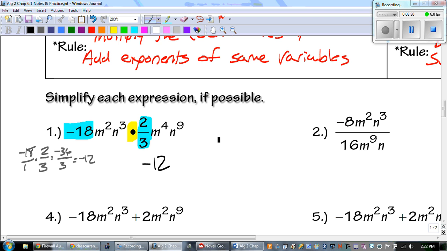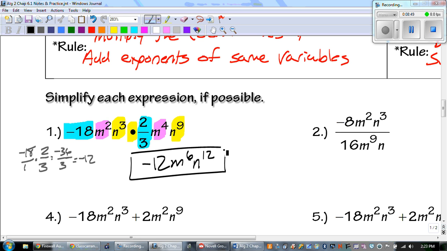And now I'm not done, because now I need to add exponents of the same variables. So m squared and m to the 4th give me m to the 6th, and n cubed and n to the 9th give me n to the 12th. So we get -12 m to the 6th n to the 12th.